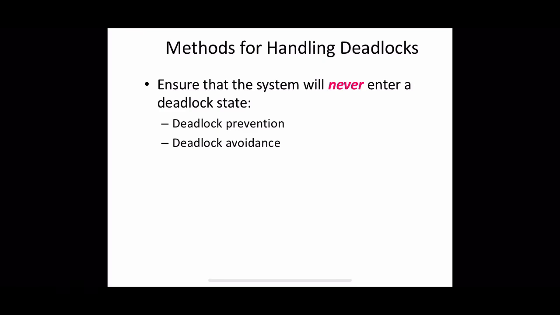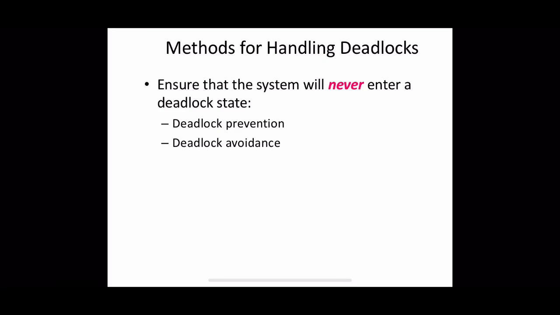If the request is safe, that is, it won't create a deadlock, that request will be granted; otherwise, the request will be denied. This is how the system tackles deadlock in case of deadlock avoidance. And obviously, if these two protocols are not followed in the system, definitely there may be deadlock.